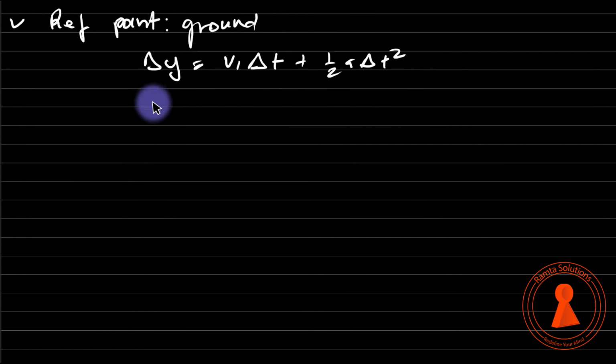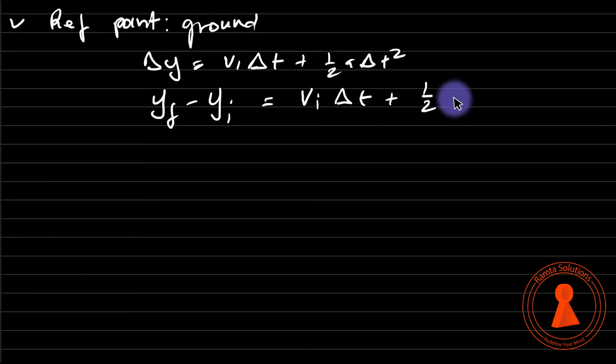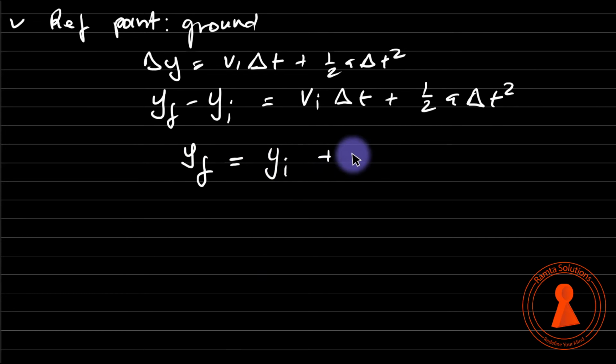I like saying this is yf minus yi equals vi delta t plus half a delta t squared. So basically this is yf equals yi plus vi delta t plus half a delta t squared.